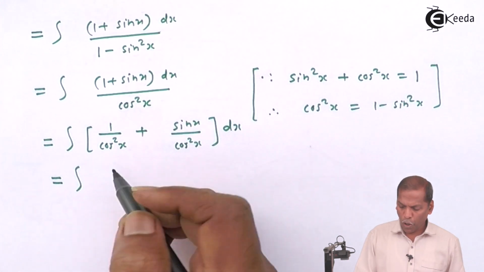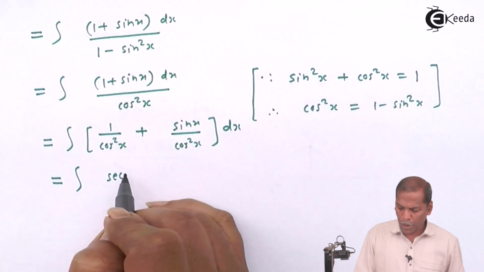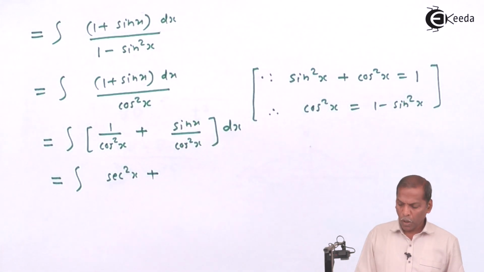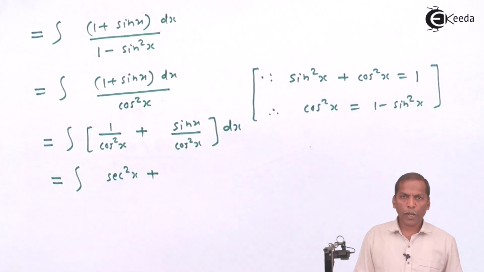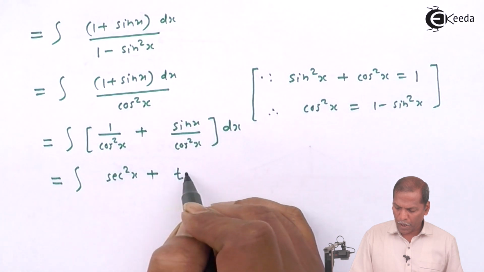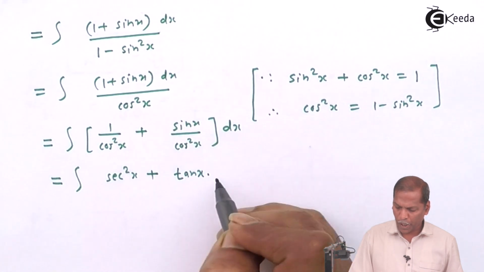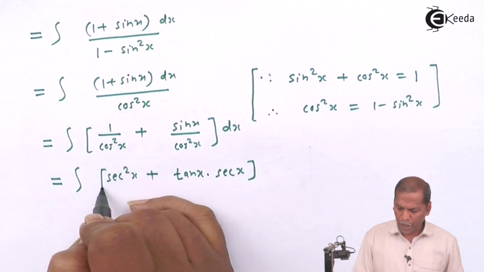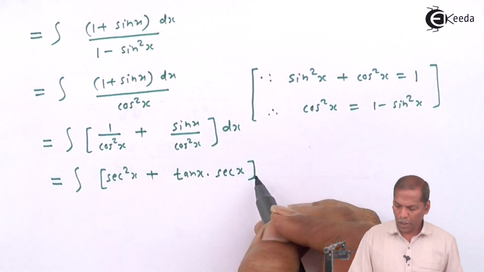Now 1 upon cos square x gives us sec square x plus. Now sin x upon cos square x can be written as sin x upon cos x into 1 upon cos x, which gives us tan x into sec x, bracket complete, into dx.